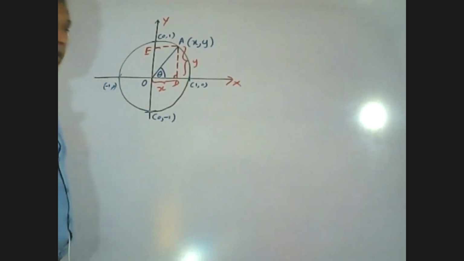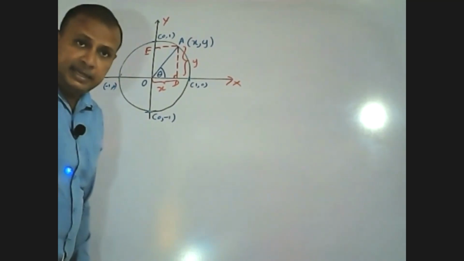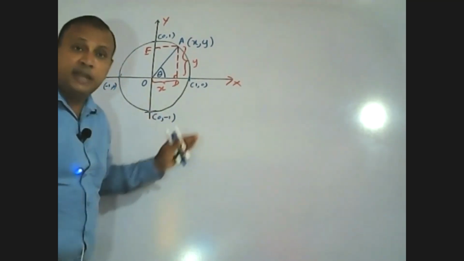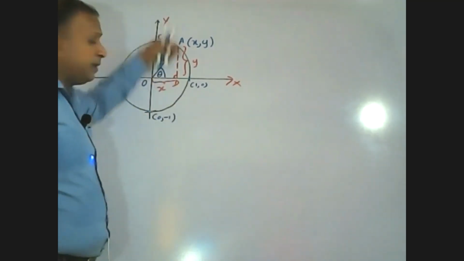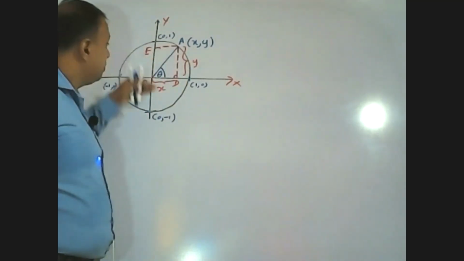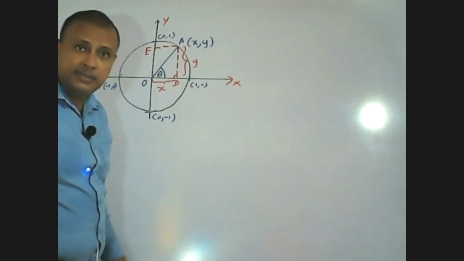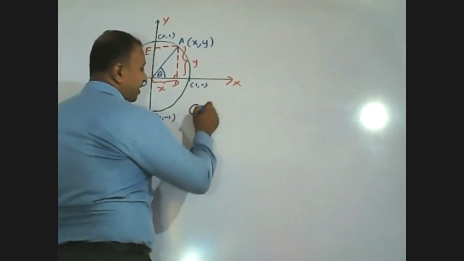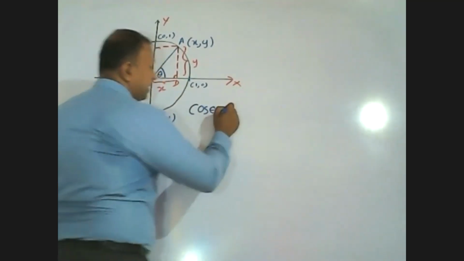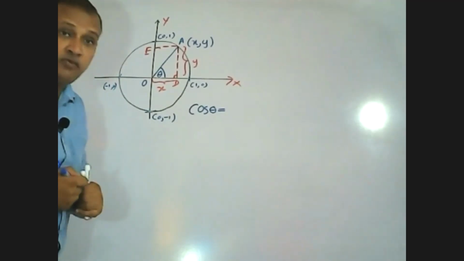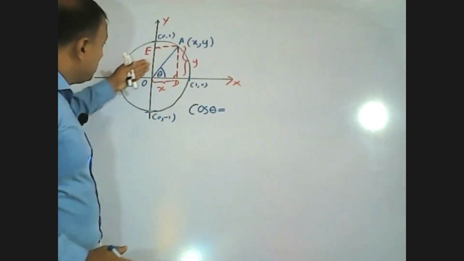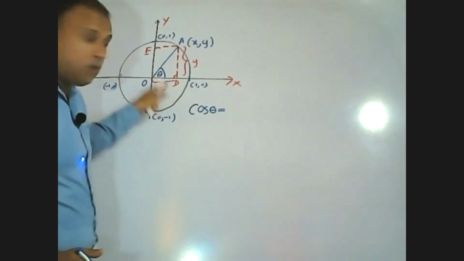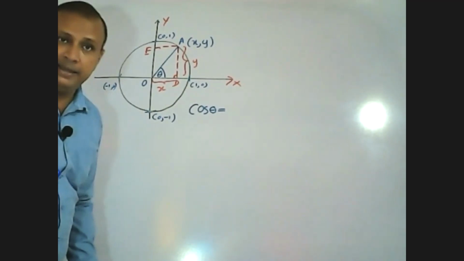Okay. Sin theta is defined as the ratio between the perpendicular projection of OA on the y-axis over OA. Likewise, cos theta is defined as the ratio between the perpendicular projection of OA on the x-axis over the OA length.